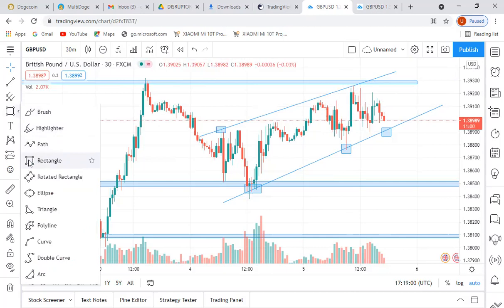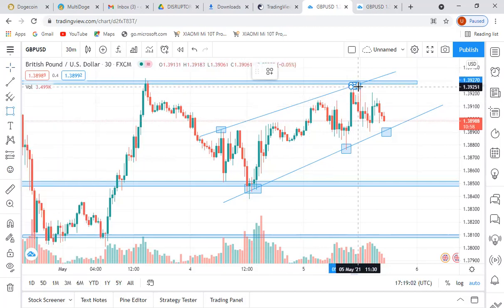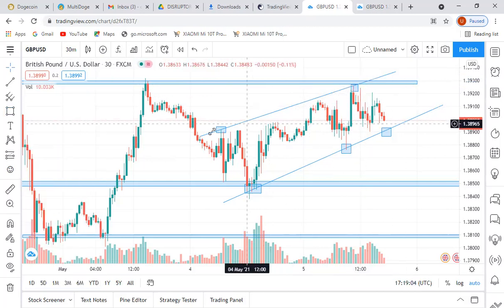So now we have another touch here. So this is a valid trend line.